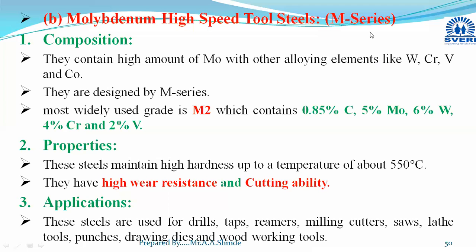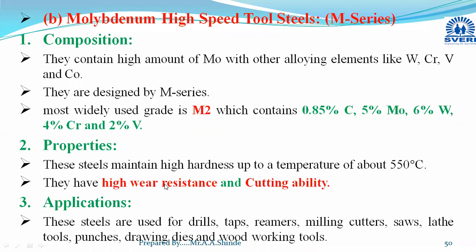These are designated by M series, and one example you can directly write here is M2. The M2 grade steel contains 0.85% carbon, 5% molybdenum, 6% tungsten, 4% chromium, and 2% vanadium.